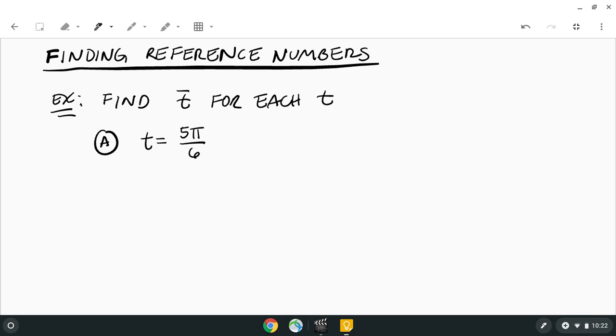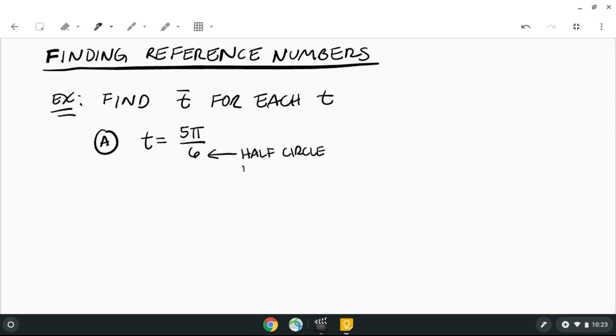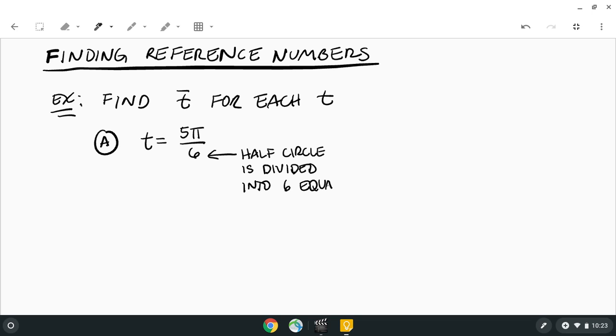For me, it helps to visualize this. This tells me that your pi, your half circle, is divided into 6 equal pieces. Let's take a look.